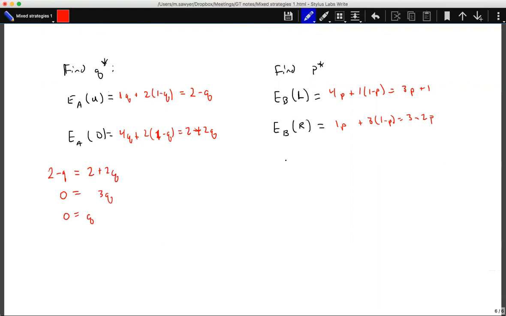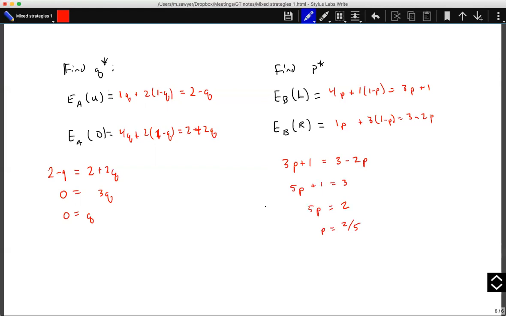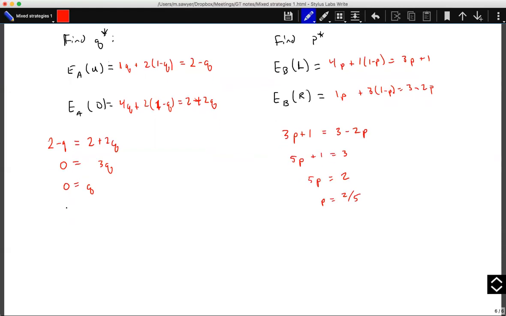Let's check on P. So we get 3P plus 1 equals 3 minus 2P. So we move the P over, so we get 5P plus 1 equals 3. Move the 1 over, so 5P equals 2, so P equals 2/5.